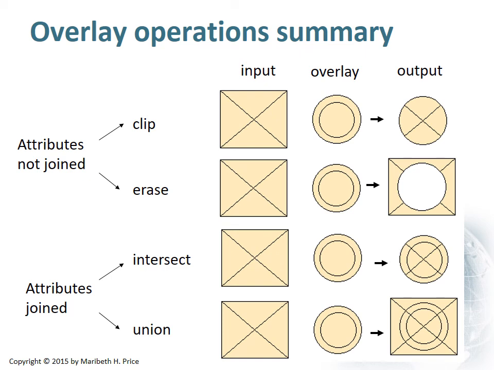The union is when we combine both and we get all of those at the maximum size of the inputs. So each of these produce output data sets that are some combination of information from the input and overlay.